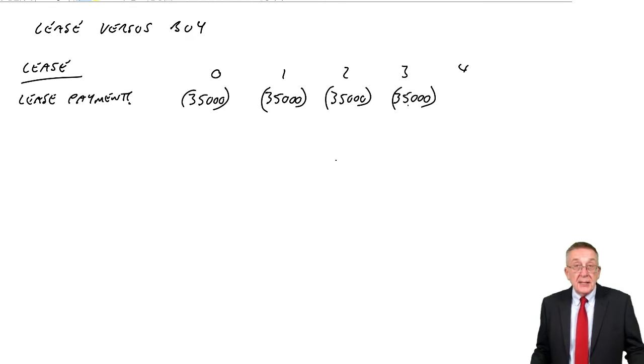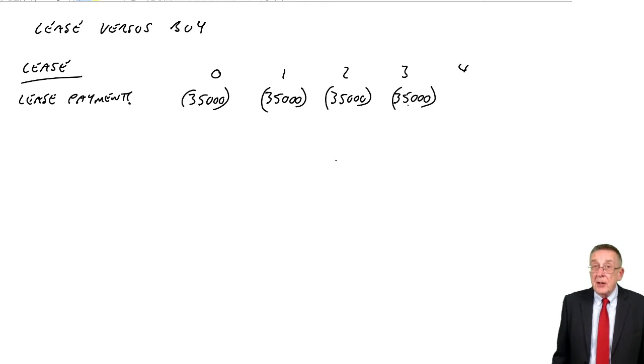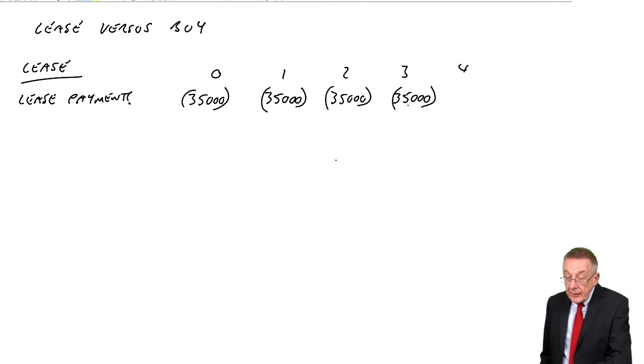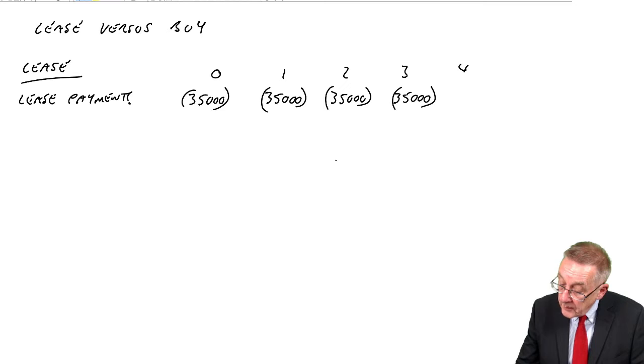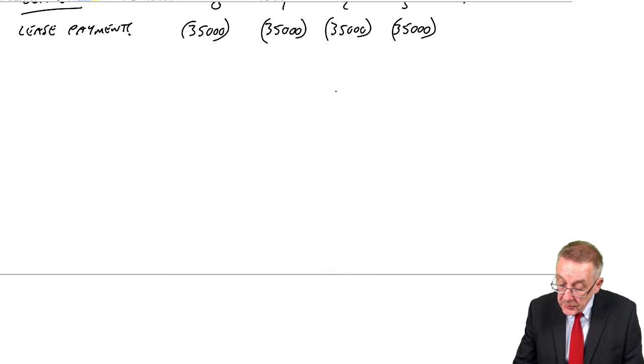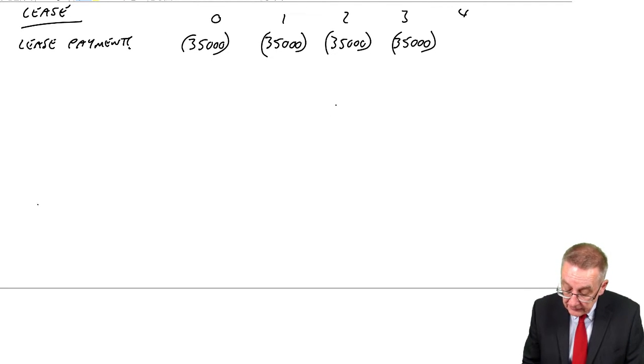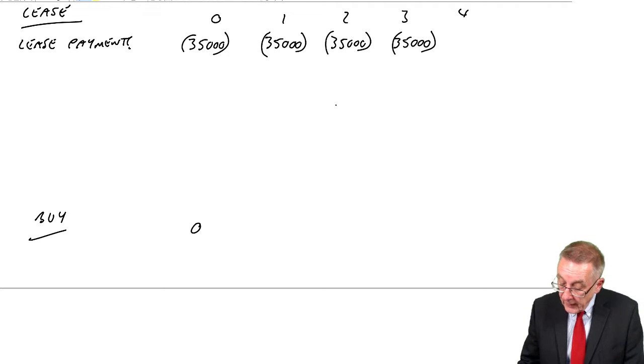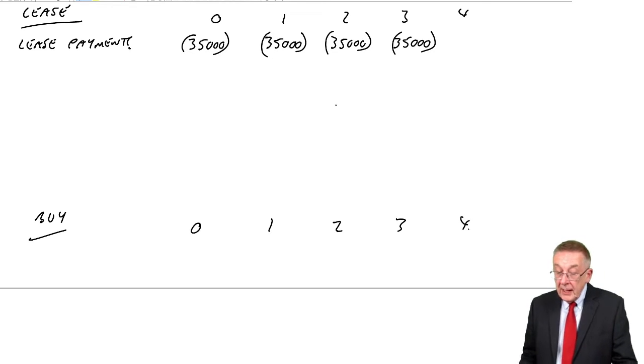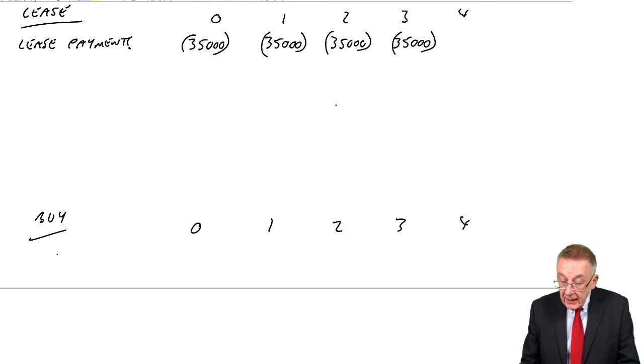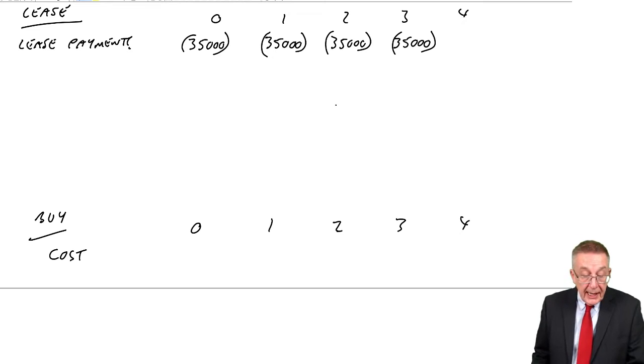Now, there is going to be a tax effect. We'll worry about tax in a moment. I'll leave a big space, but let's work out what the cash flows will be if we buy it. 0, 1, 2, 3, 4. Well, of course, if we buy it, we pay out the initial cost now.